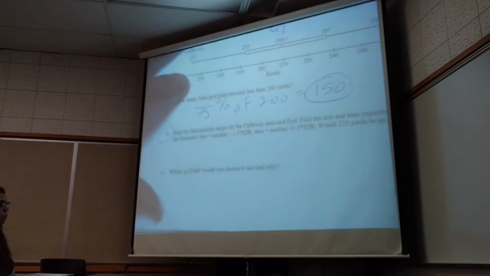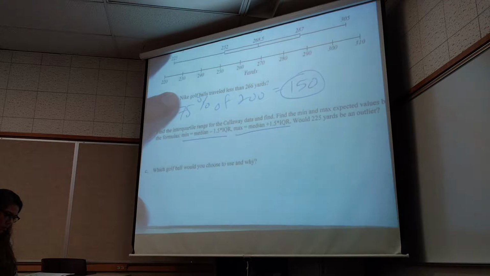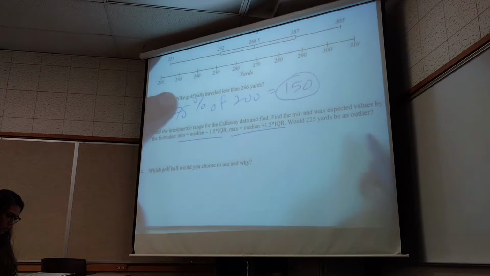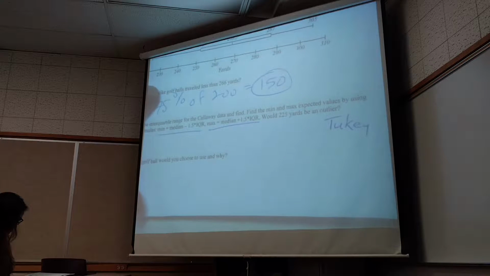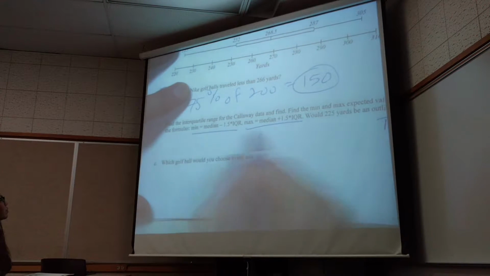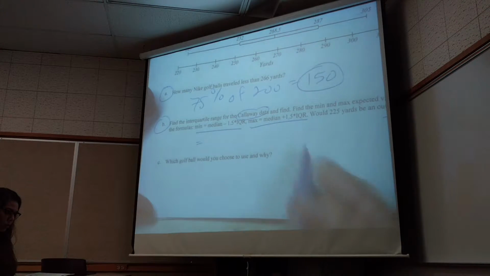Part B, there is some controversy, and there are a couple different ways to figure out the outliers for a box plot. I like doing it this way, and I think it's related to something called the Tukey control chart. The reason I like it is because it's related to what we do later when we start using means and other things to figure out what the outliers are. So if I do this method, what's the median for the Callaway? 268.5.